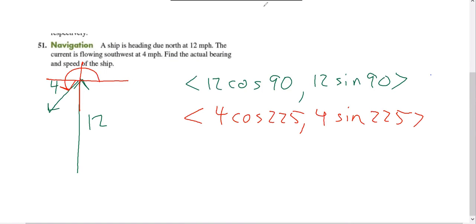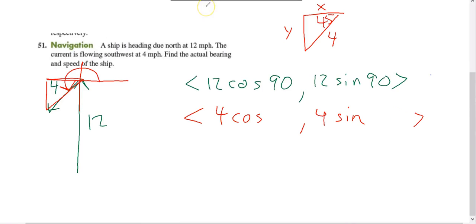Now, if you wanted to use just this 45, 45, 90 right triangle, we could do this problem with a 45-degree angle, but if I do it that way, I have to put the negatives on myself. Gotcha. But if I use the 225, it'll automatically take care of the negatives. So it's up to you whether you want to just use quadrant 1 angles, and decide on your own whether you got positives or negatives.